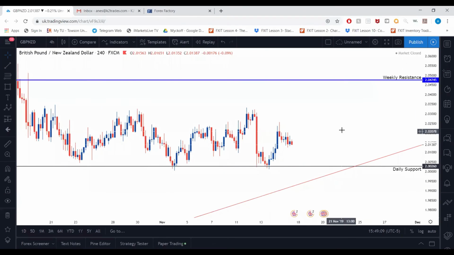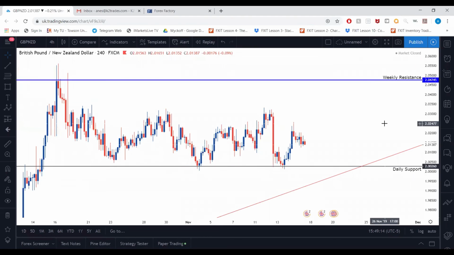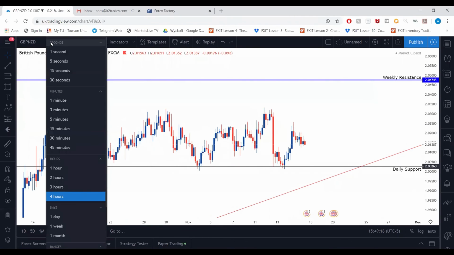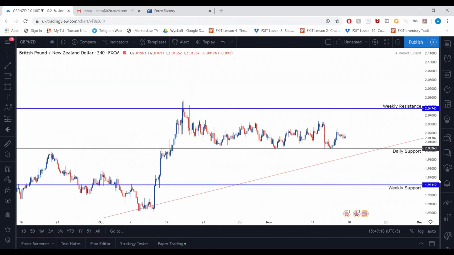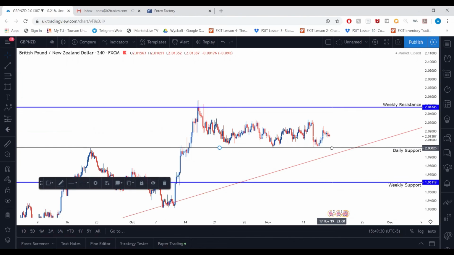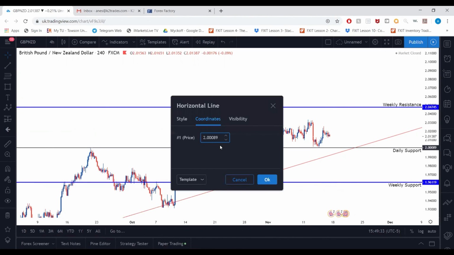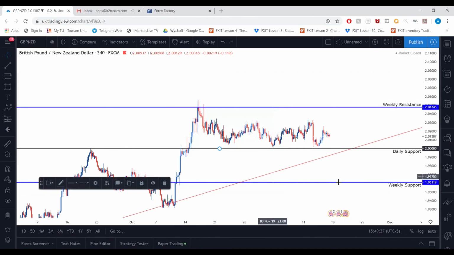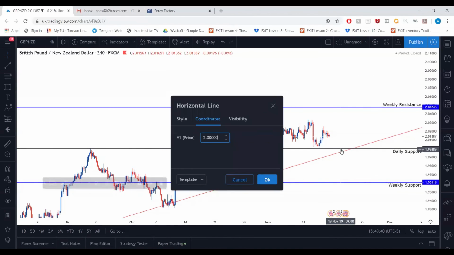I would honestly favor any dips for the buy on GN, unless we get the break of 2.00, let's make it, I'm just going to make it 2 even. It's a little bit too low.